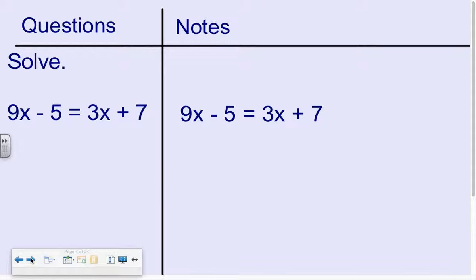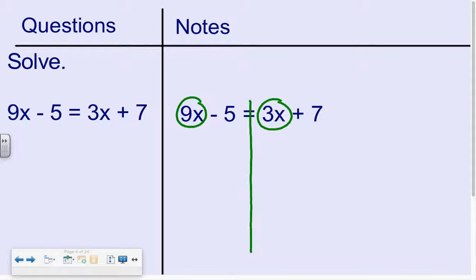Second example. So this time we have a 9x and a 3x. And again, in order to be able to bring one of them from one side to the other, we have to either add or subtract. 9x and 3x are both positive, so the opposite would be subtracting.